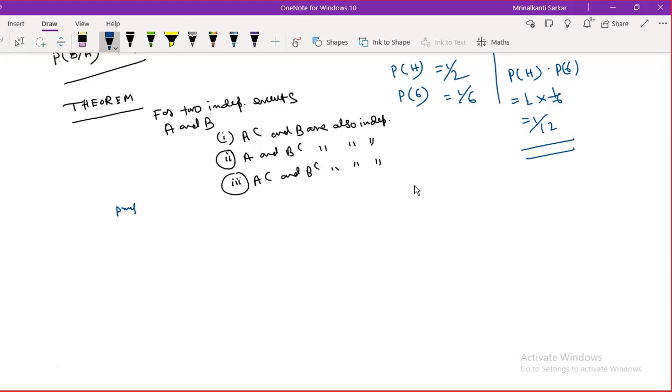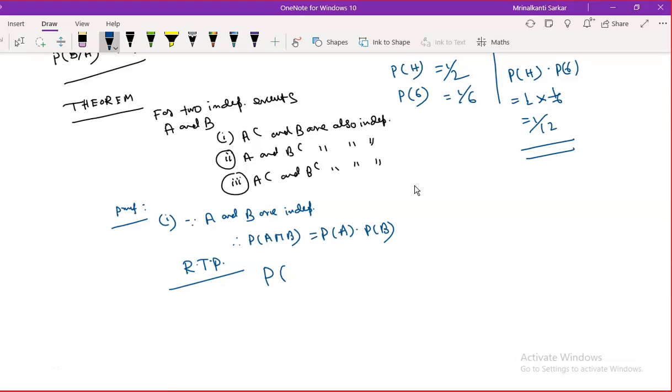Proof. Since A and B are independent, therefore P(A intersection B) equals P(A) into P(B). Isn't it? Now we have to prove these two independent. So what is required to prove?